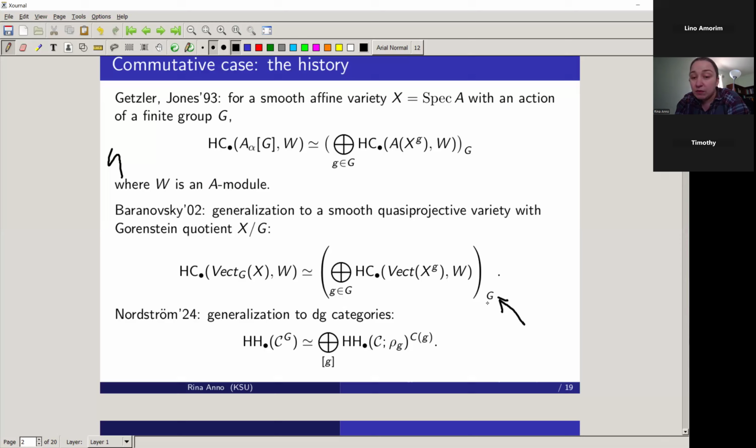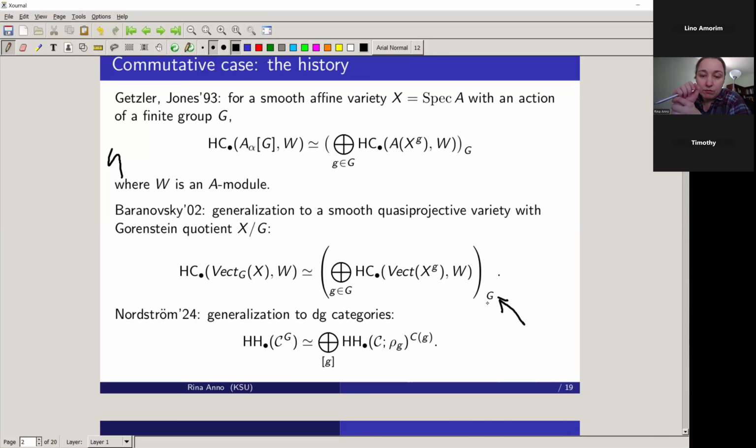Can I make just a small additional comment? Nordstrom's result, the third result on this page, is only half of the previous two results. The special thing about the first two results is that on the left-hand side we have a G equivariant variety, an orbifold, and on the right we have perfectly ordinary cohomologies. There's no orbifolding happening on the right-hand side. We just take invariant loci of each element of the group and compute their ordinary cohomologies.